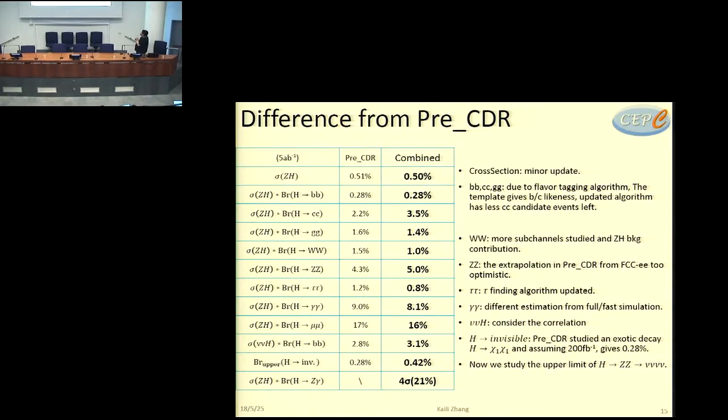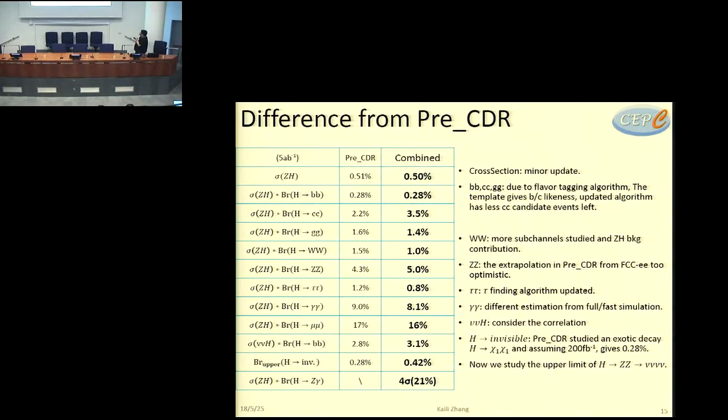Here the template will give the b like this and the c like this, and currently the updated algorithm has fewer cc candidate events left, so here the cc precision is worse. And for the WW result, we can see here it improved since more subchannels are studied, and the electroweak background contribution also contributes a lot.